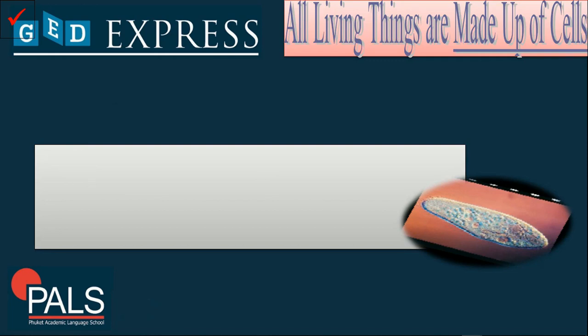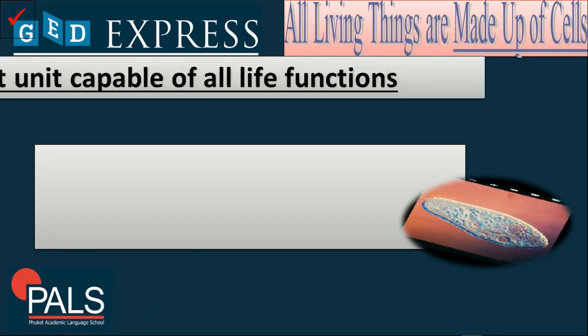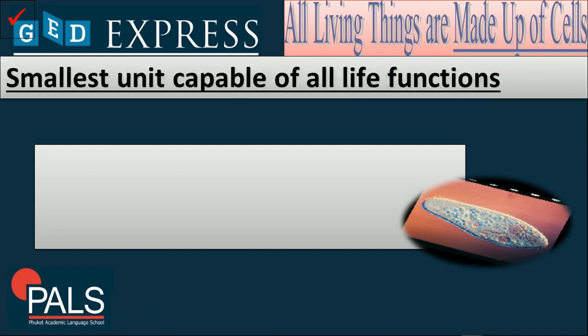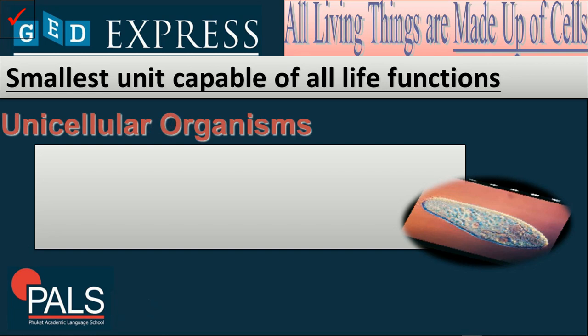All living things are made up of cells, like what I told you in my previous discussion. Cells are the building unit of life. A cell is defined as the smallest unit capable of all life functions, and we can categorize organisms as unicellular or multicellular.